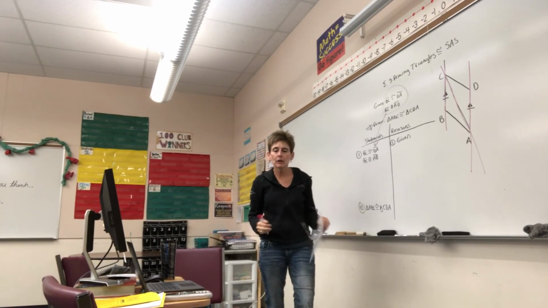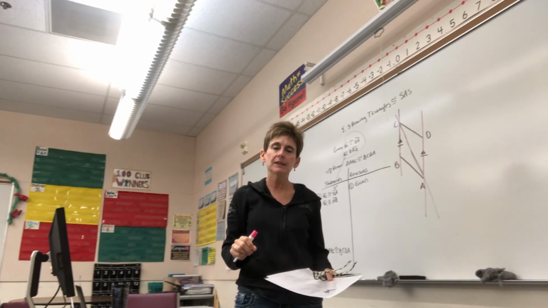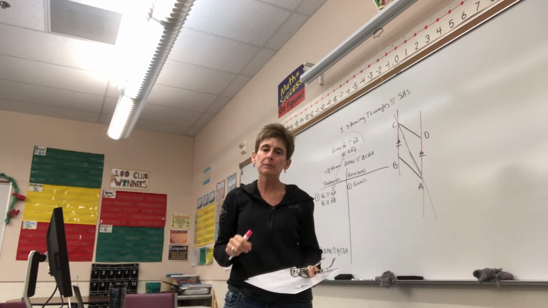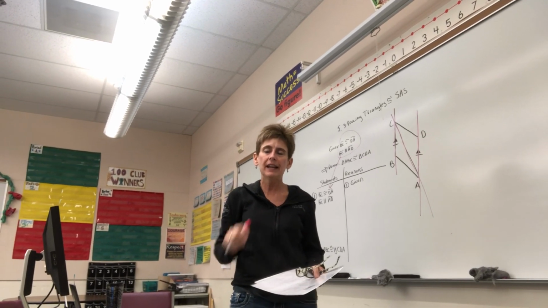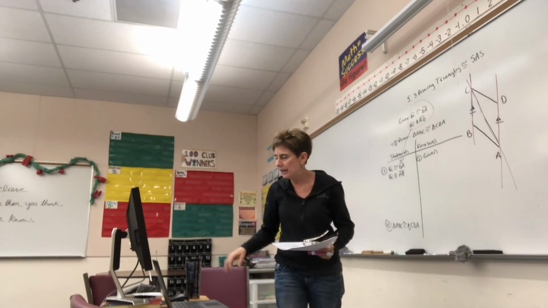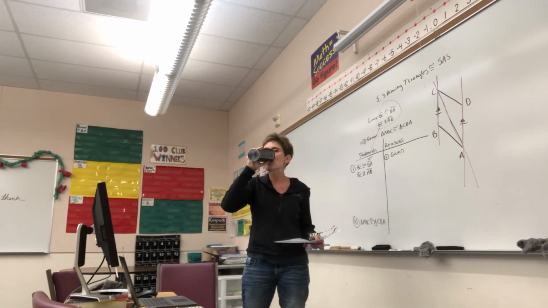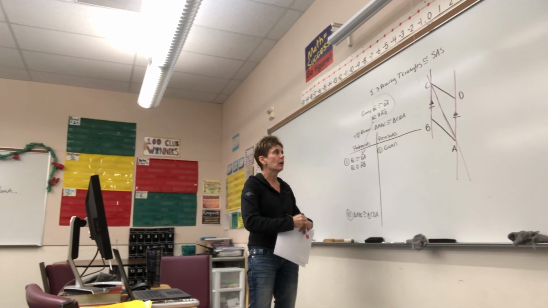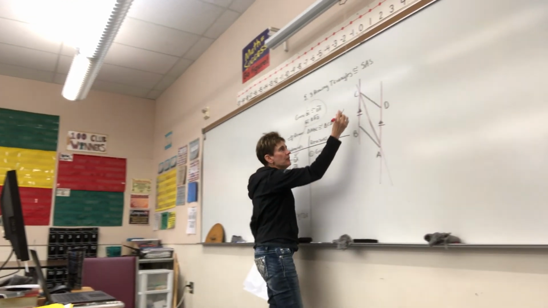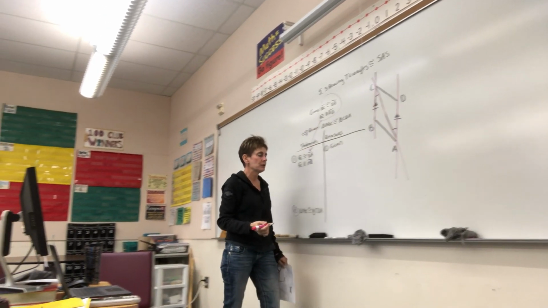Who can remember when two parallel lines are crossed by a transversal? This is lesson 3.2, so from chapter 3. What do we know about the alternate interior angles? See if you can remember that. If you said they're congruent, you are right. So this angle right here and this angle right here would be congruent to each other.